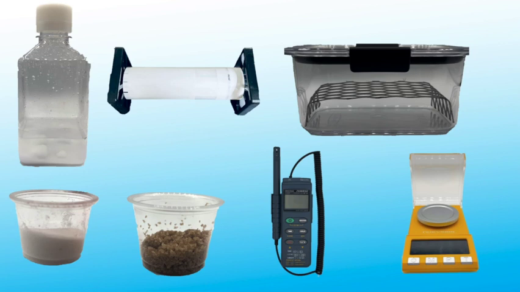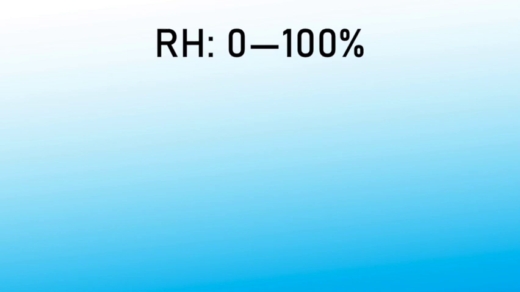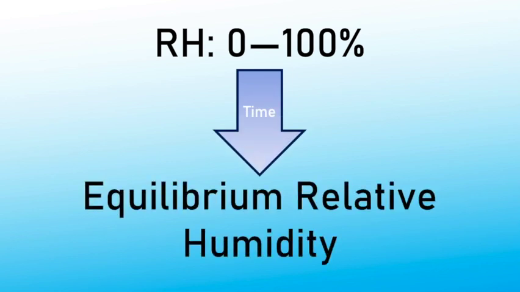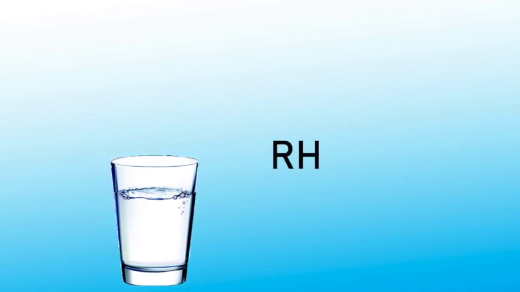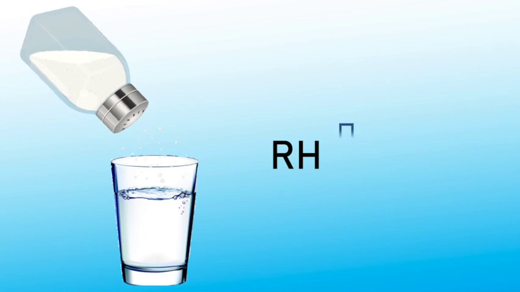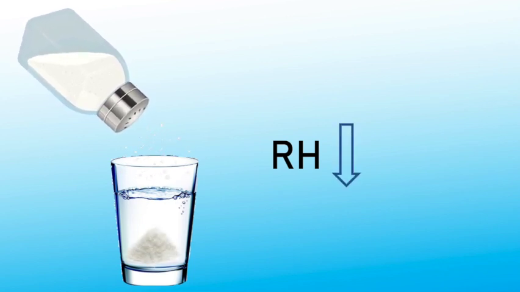We will set up sugar samples in containers of varying relative humidity. These well-sealed containers are filled with saturated salt solutions and over time will create environments of equilibrium relative humidity. If a container filled with water creates an environment which is at 100% relative humidity, adding salt will hinder water from escaping into the air, resulting in a lower relative humidity.